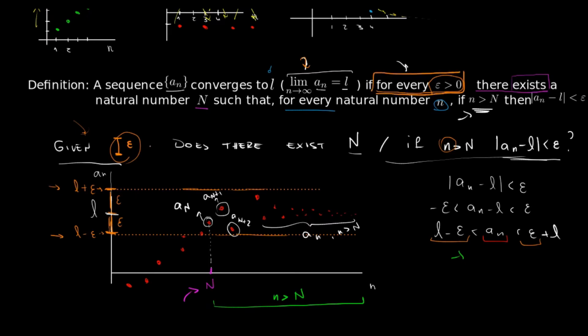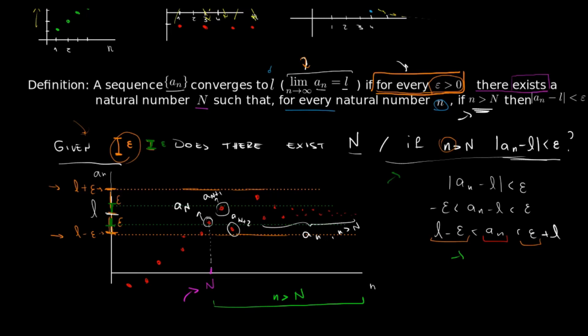So if we took a smaller epsilon, I'm gonna do it in another color. Let's say I took this other epsilon. So I would have to put it here and draw the two horizontal lines. Well, now can we find another n that satisfies this?